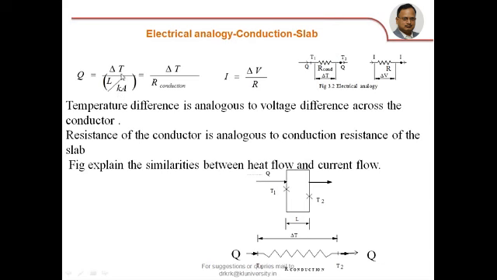Since we are considering this resistance in a conduction heat equation through a slab, we call this L by Ka the conduction resistance for a slab. So we rewrite the equation: Q is equal to delta T by R conduction, where the conduction resistance R is equal to L by Ka.